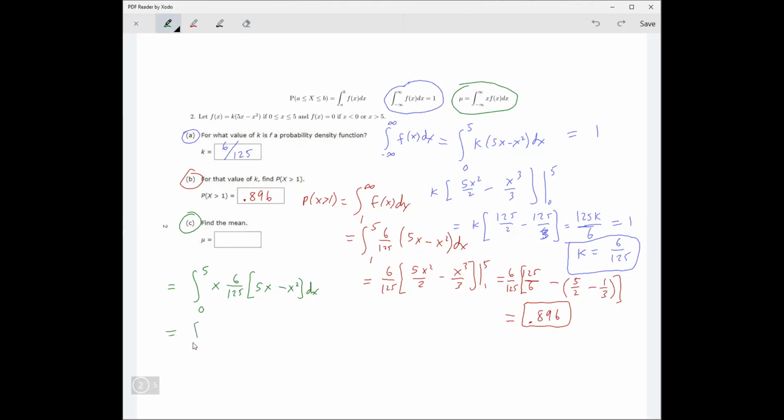Now, when you integrate, of course, you have to distribute the x first. We can go ahead and integrate this. Nice, the lower limit is 0, so that's really great. Don't get used to that, though.